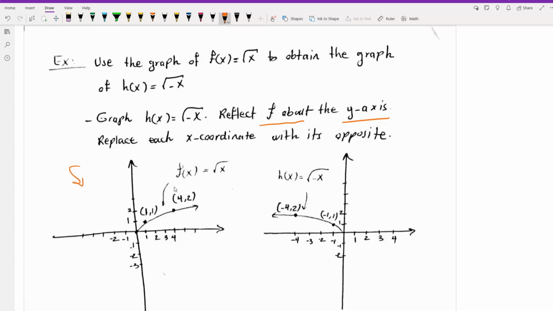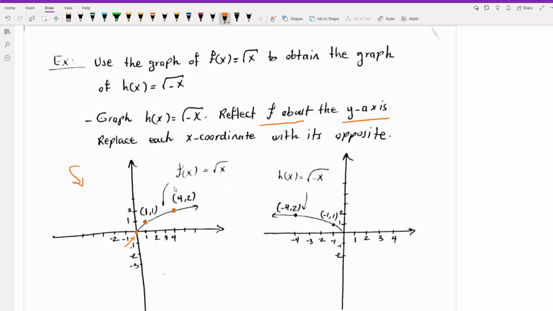So this one is f of x equal to square root of x, and the points that I used are 0, 1, 4 for x, and find f of x. Square root of 0 is 0, so we have 0, 0. Square root of 1 is 1, so we have 1, 1. Square root of 4 is 2, so we have 4, 2.